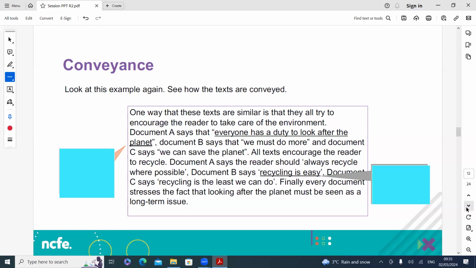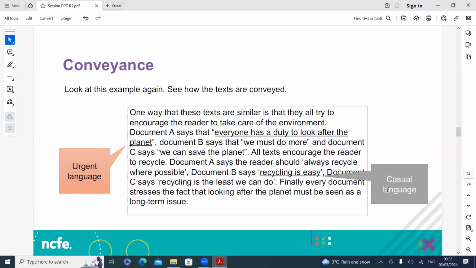Okay, so we can look here at how the texts have been conveyed. So look at the, it's got urgent language. Everyone has a duty to look after the planet. We can save the planet. So they've identified those. And there's casual language.